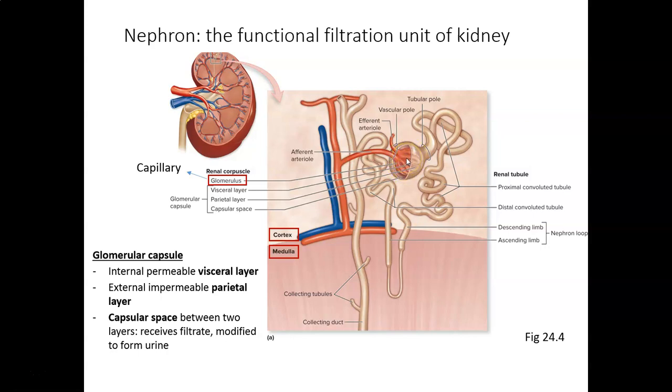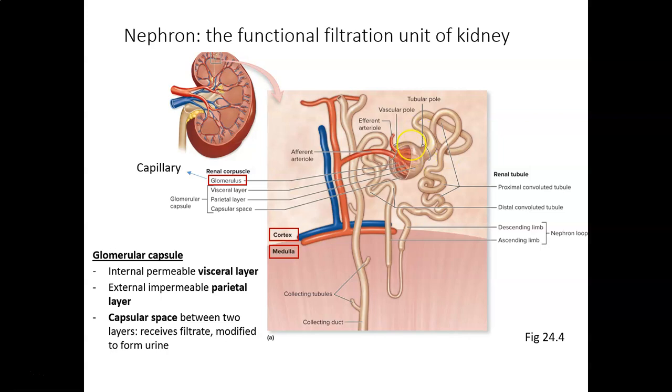Actually, the glomerulus is kind of convoluted capillaries formed by this arteriole. So that's your baseball. It's the glomerulus. Then you have your right hand holding the baseball glove wrapped around your left hand, with a baseball inside.